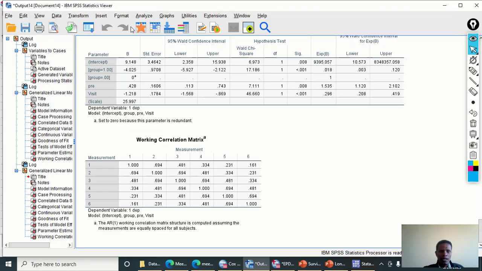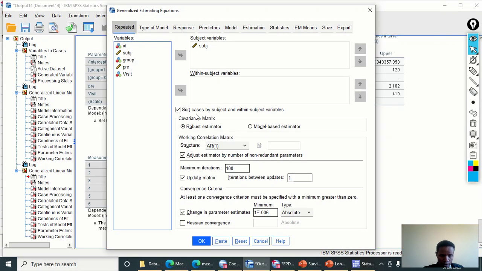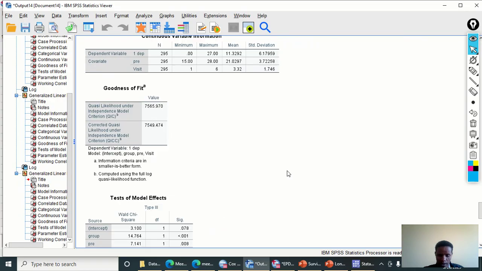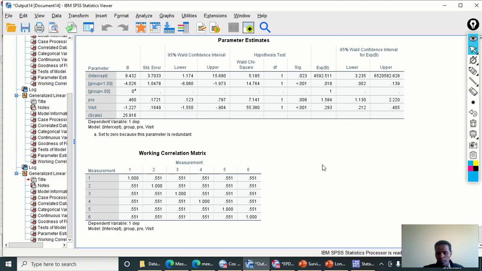Now, let's try another working correlation structure, again in the Repeated button. Let me change it to exchangeable and then click OK. Then let's go to the parameter estimates and have a look at all the p-values. This is already written in the PowerPoint, and you can also see how the working correlation matrix differs.